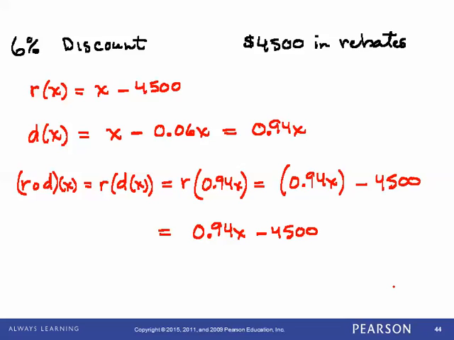You still get the full $4,500 rebate. If you take the 6% off first, you're looking at a car that's $9,400, because it'll be 94%. So a $10,000 car now costs $9,400, and then you take the rebate later. You get a little bit less of a rebate on it.